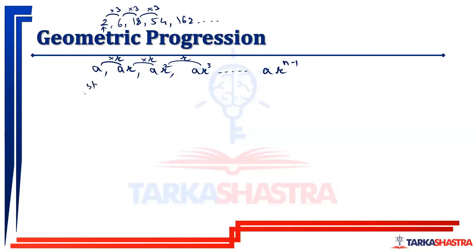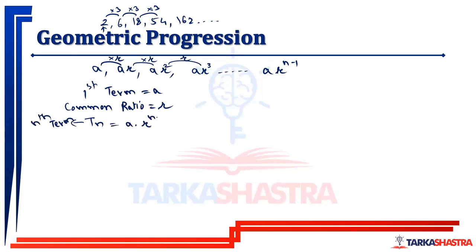So your first term is what? First term is a. Here you have the common ratio, which is r. The nth term, or Tn, will be a into r raised to n minus 1.